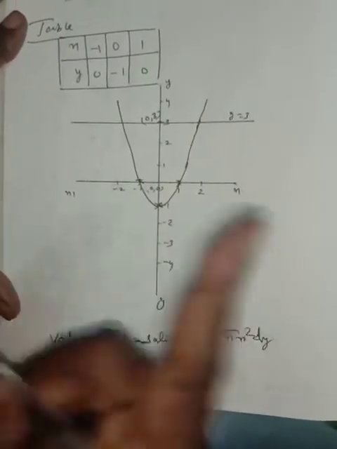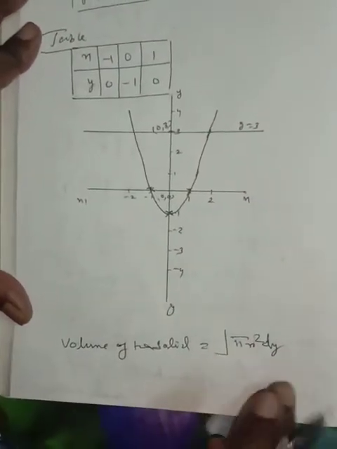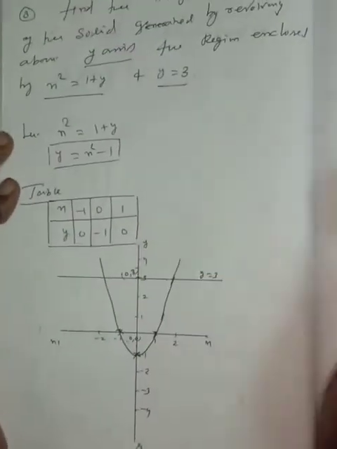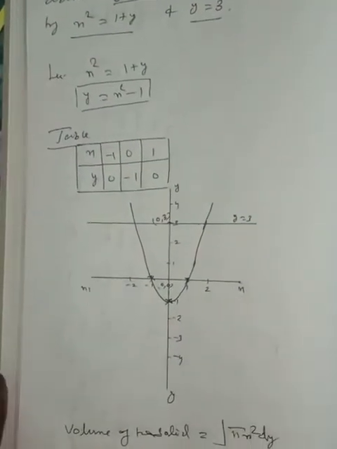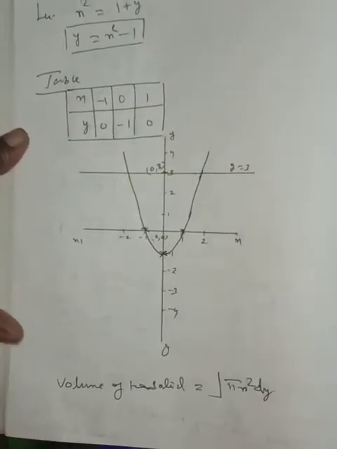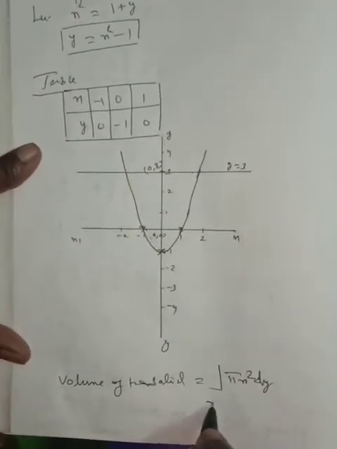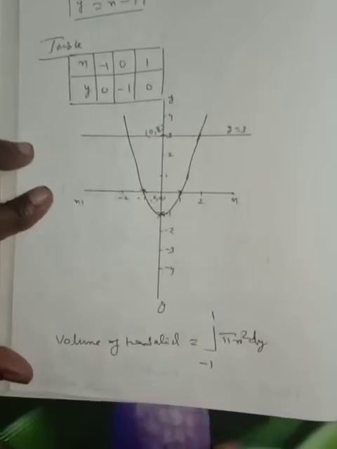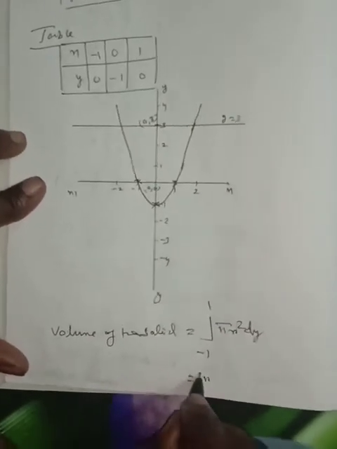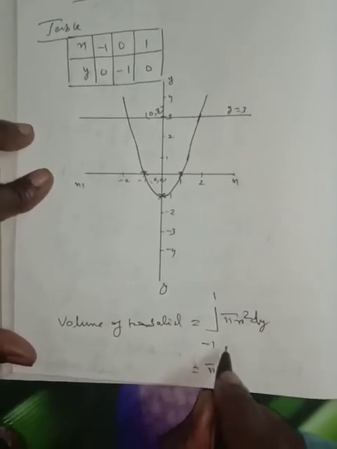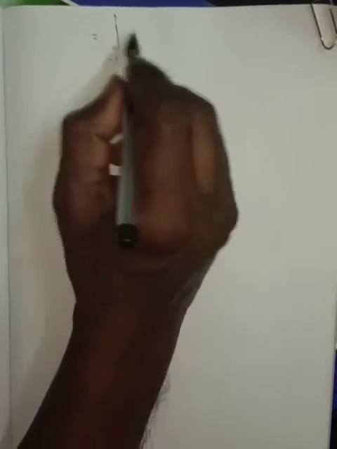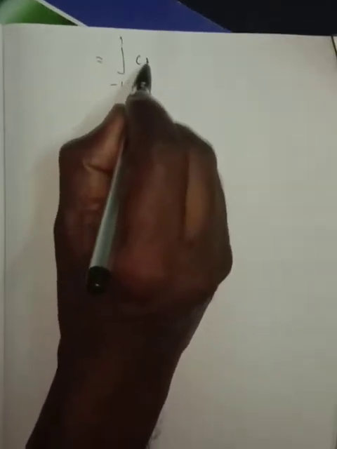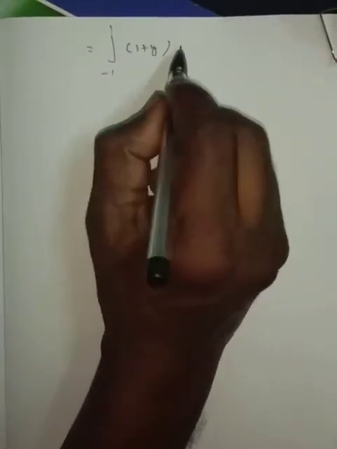The limit varies from minus 1 to plus 1. Pi is a constant number outside the integral, minus 1 to 1 of x square, and x square is 1 plus y, into dy.